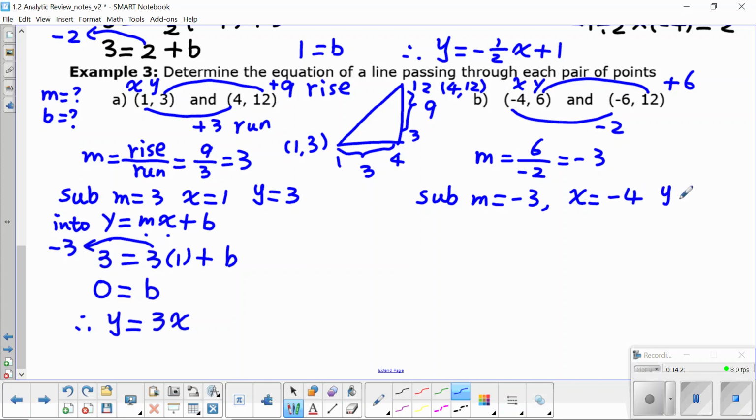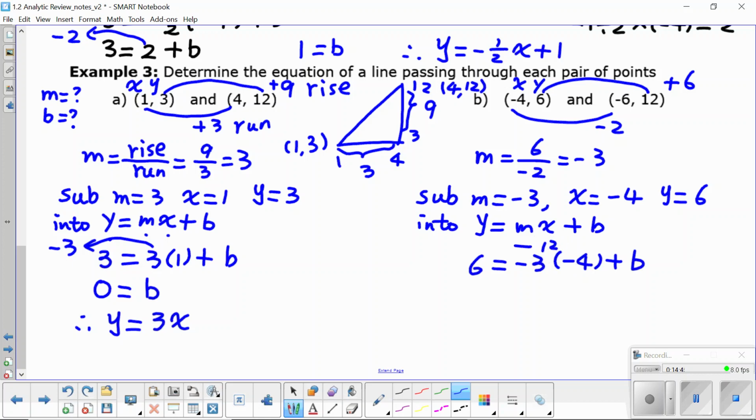Y equals 6 into the equation y equals mx plus b. Then we are going to have 6 equals negative 3, negative 4 plus b. Negative 3 times negative 4 give you 12. We move the 12 to other side will be minus 12.